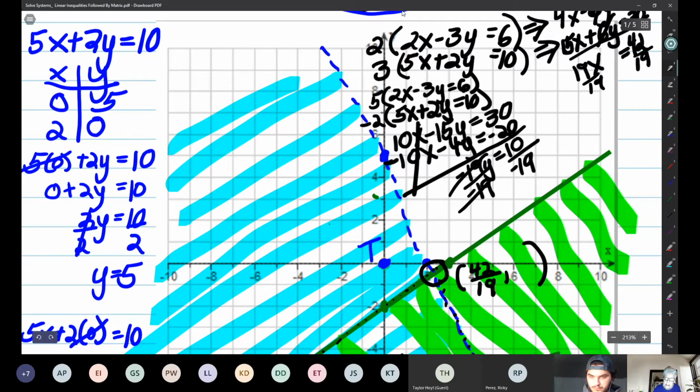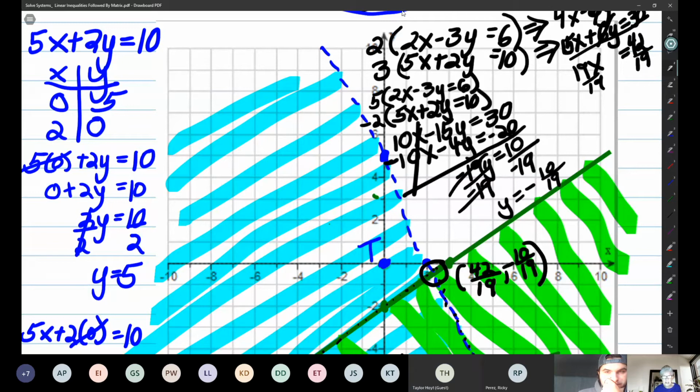The -19s cancel out, and I'm left with y equals -10 over 19. My math lab does not like you to leave the negative on the bottom. Okay, so this will be -10 over 19. And that's my vertex.